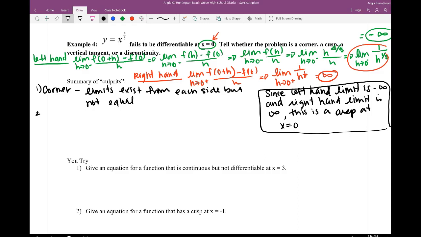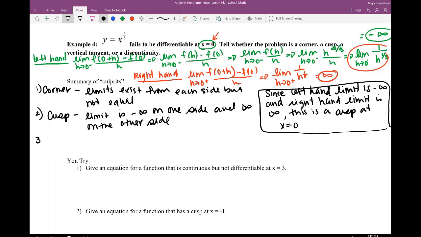Okay, then the next one is a cusp. This means the limit is negative infinity on one side and positive infinity on the other side.